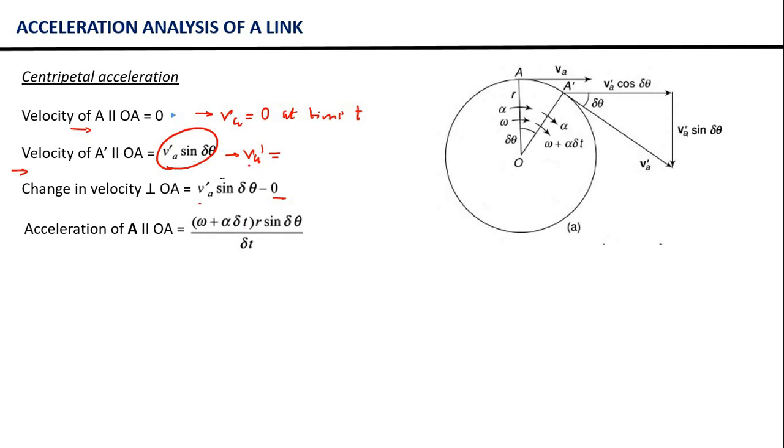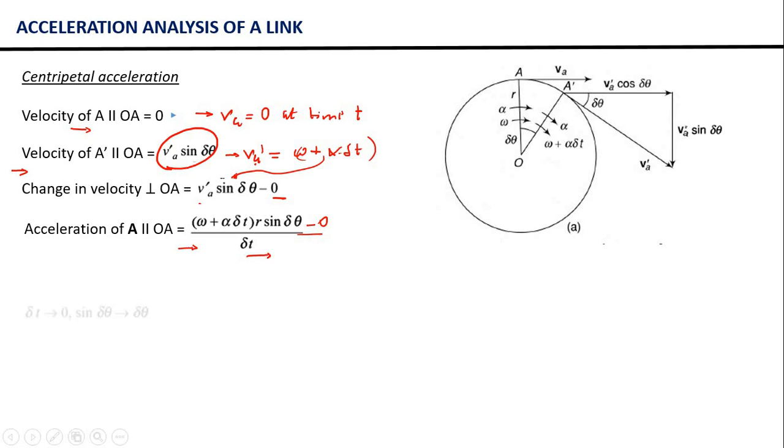Now we are going to substitute the value of Va prime, that is omega plus alpha delta t, into this expression, and finally we will get this final relation. So omega plus alpha delta t, times r sine delta theta, minus 0, divided by delta t.